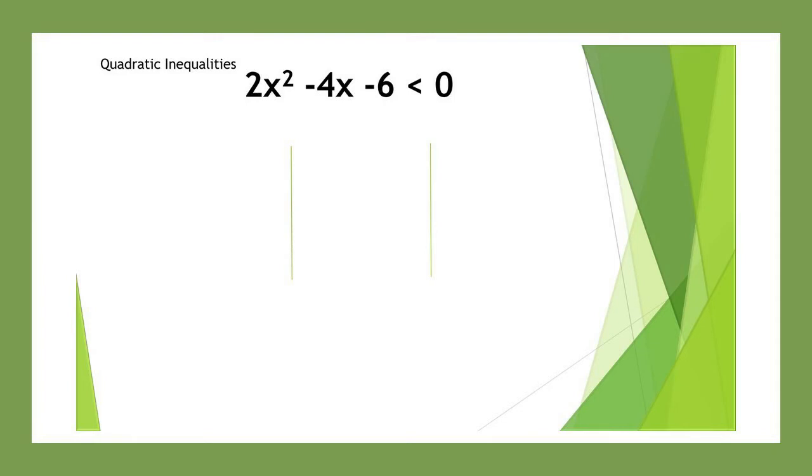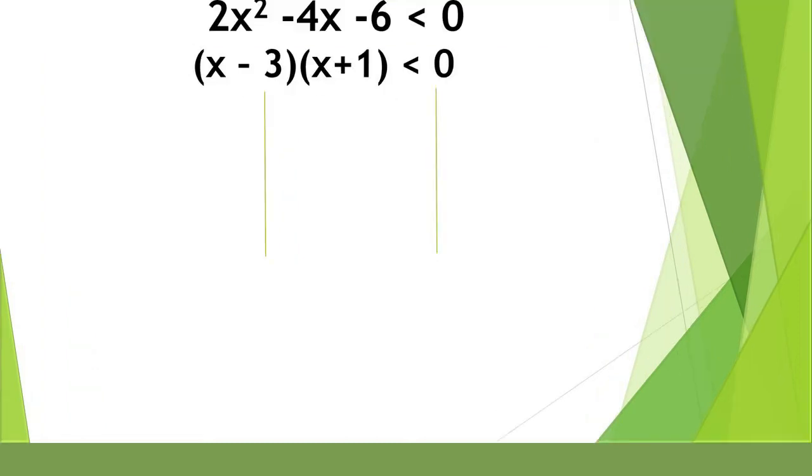After we determine the critical points, we write again the factors, x minus 3 times the quantity x plus 1, but this time not equal to 0; we're going to use less than 0.